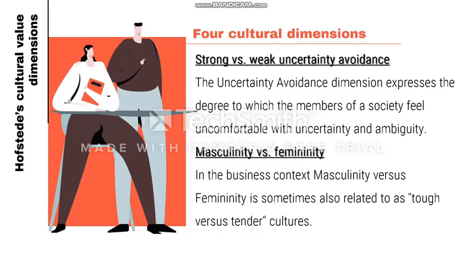Its opposite, femininity, stands for a preference for cooperation, caring for the weak, and quality of life. In the business context, masculinity versus femininity is sometimes also referred to as tough versus tender cultures.